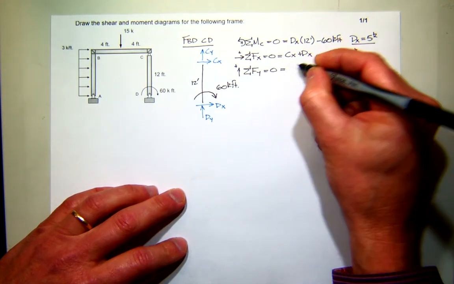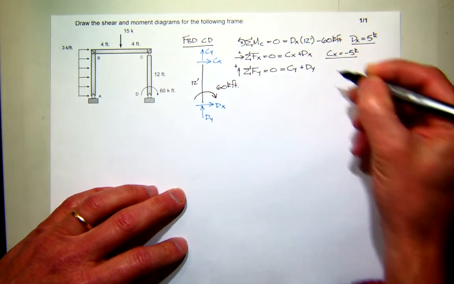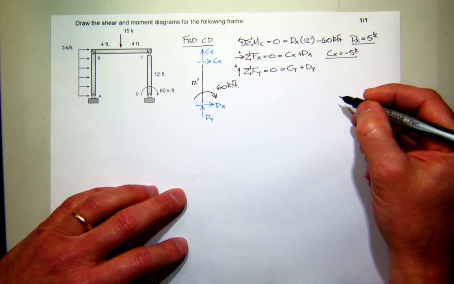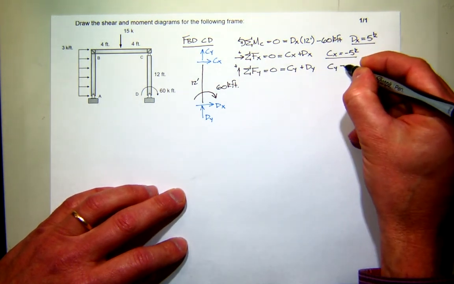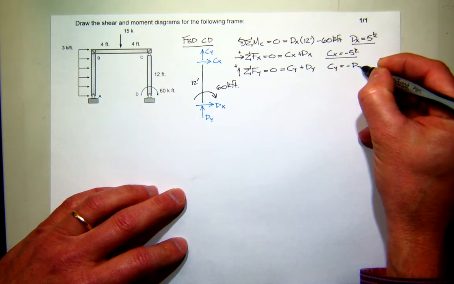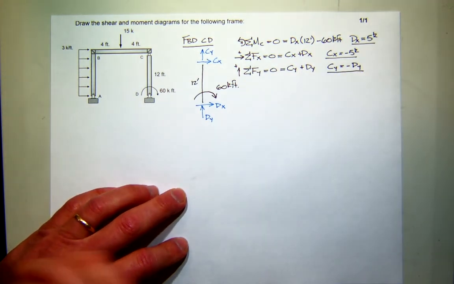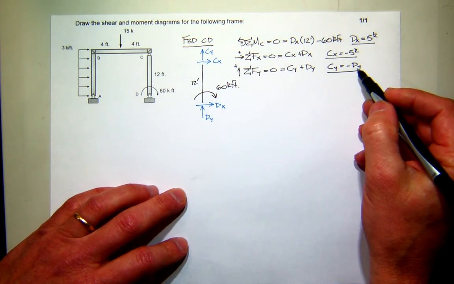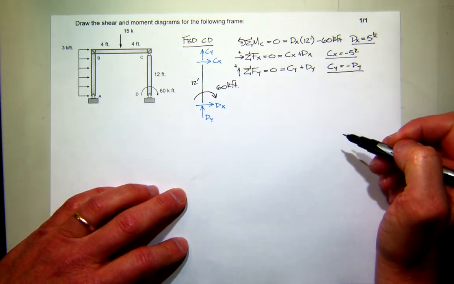And what do I have? Well, I have CY acting up, and I have DY acting up, and that's it. Now I can't solve for those, but I can find out that CY will be equal to negative DY. So I get a relationship. I don't get a value. So that means any time later I find DY or CY from something else, then I have DY. Okay?